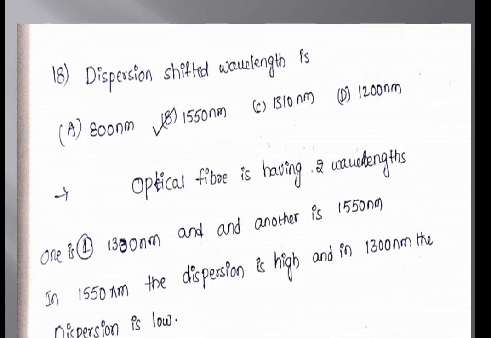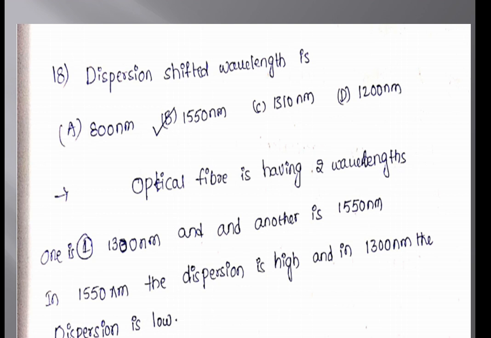Next question: dispersion shifted wavelength is. This question is from communications, mainly from optical fiber communication. We need to find the dispersion shifted wavelength. The optical fiber mainly has 2 wavelengths: one is 1300 nanometers and the second one is 1550 nanometers.